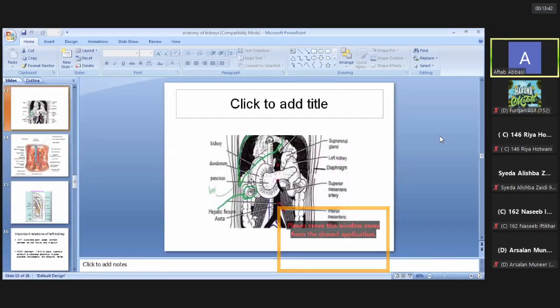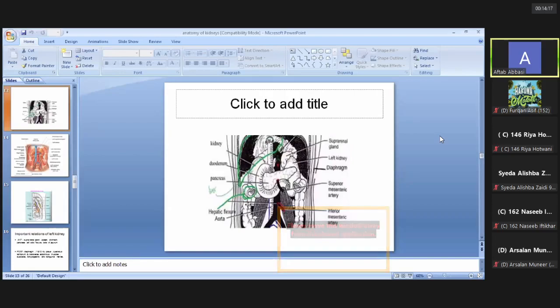Here is the right kidney. The right kidney is related to the suprarenal gland. The right suprarenal gland lies on its superior pole, but it also projects anteriorly. In the anterior relation, next to the suprarenal gland, here is the right lobe of the liver. Then the second part of the duodenum, and the right colic flexure, also known as the hepatic flexure.